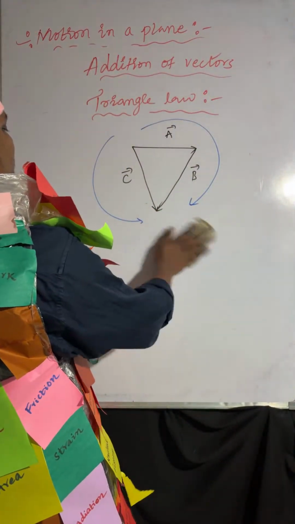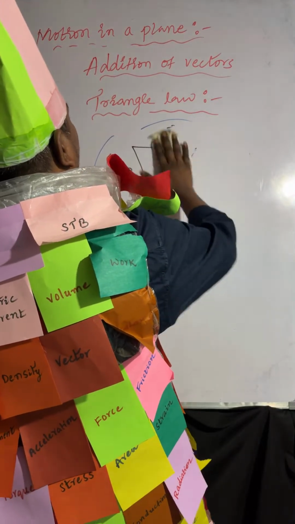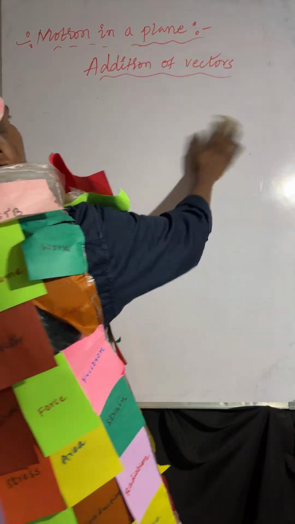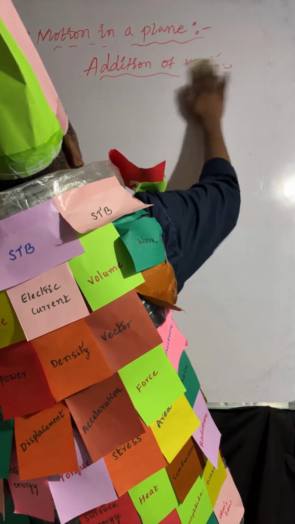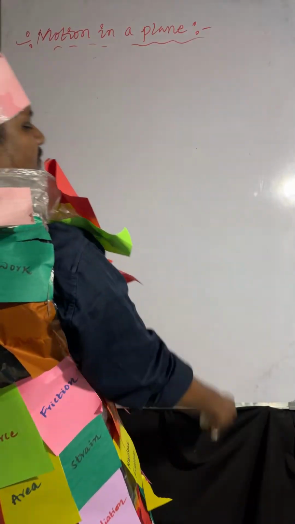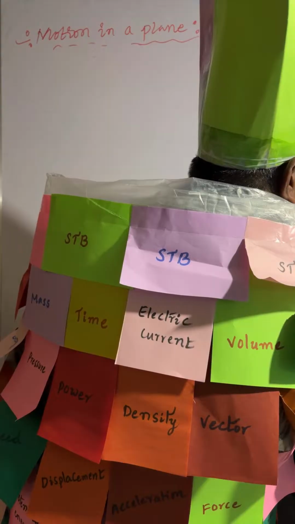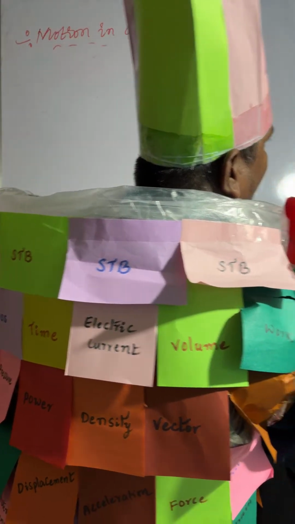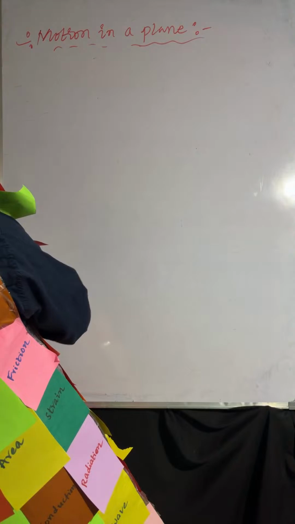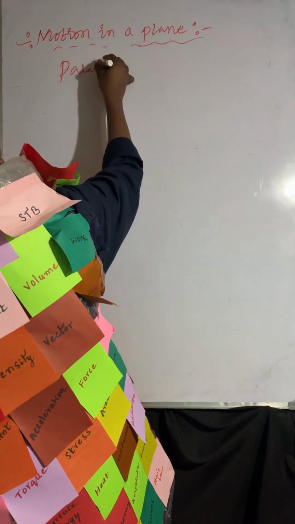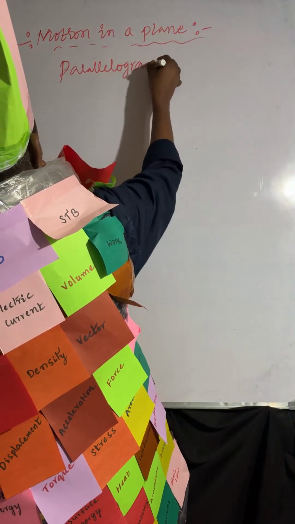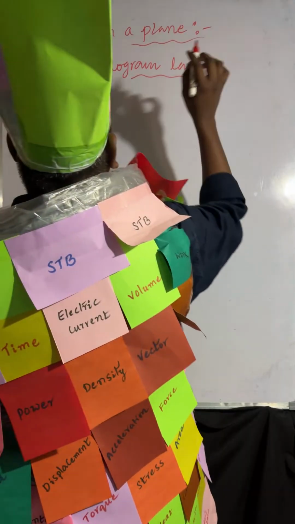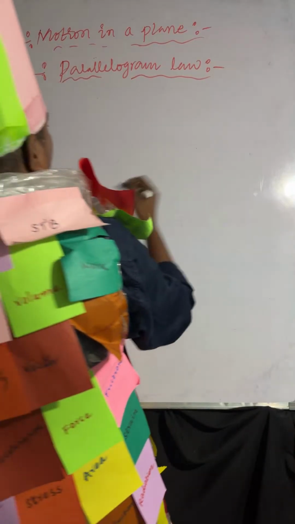Now, parallelogram of vector addition. Two vectors are acting along the two sides of the parallelogram.